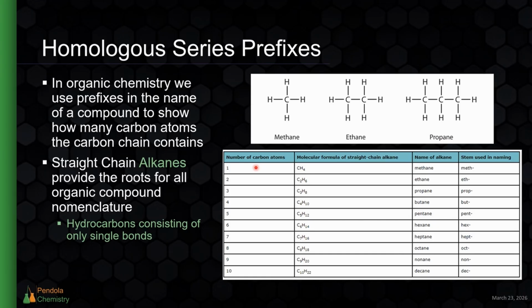We discussed the backbone of a structure earlier in section 2, but the backbone is going to be the chain of carbons that form the main body of the organic compound. Depending on how many carbons there are in that particular compound, we use a different root word or a different prefix, if you will. So we are going to learn for our curriculum the roots for 1 through 10.